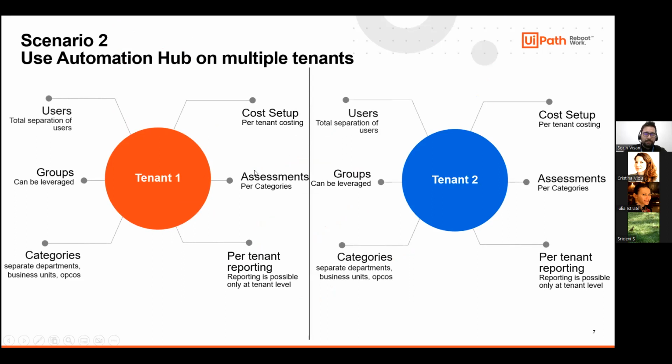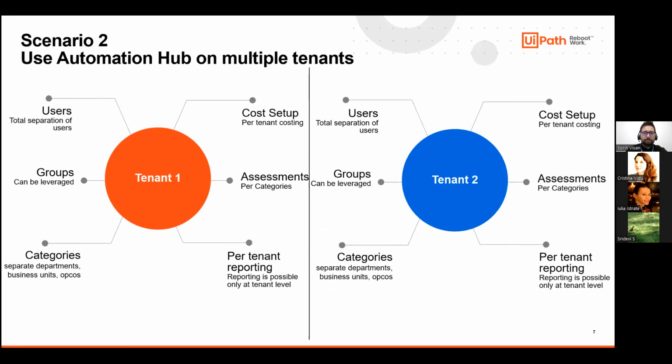Now, on the multiple tenants, basically the steps that you need to do are the same. You need to set up your users, your groups, your categories. But the difference is that in terms of reporting, you will need to report per tenant. You won't have visibility across the two tenants unless you're an admin and you can access each one of them.